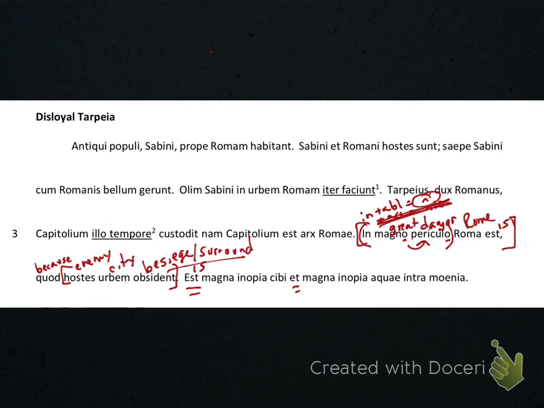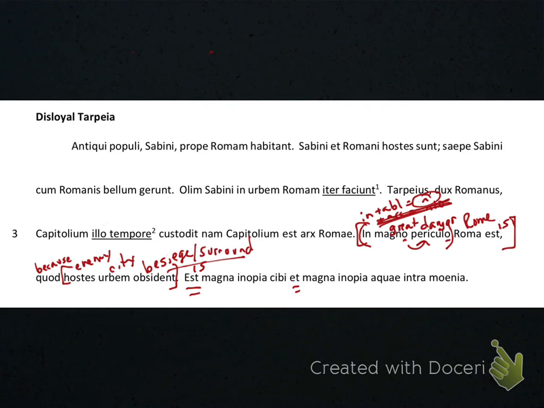In a sentence where I see and, but only one verb, and the verb is, I'm not going to divide this sentence into two pieces. I'm going to assume that is the verb for all of these parts of the sentence, and that magna inopia cibi is one idea, like a subject, and magna inopia aquae is another idea, like a subject.